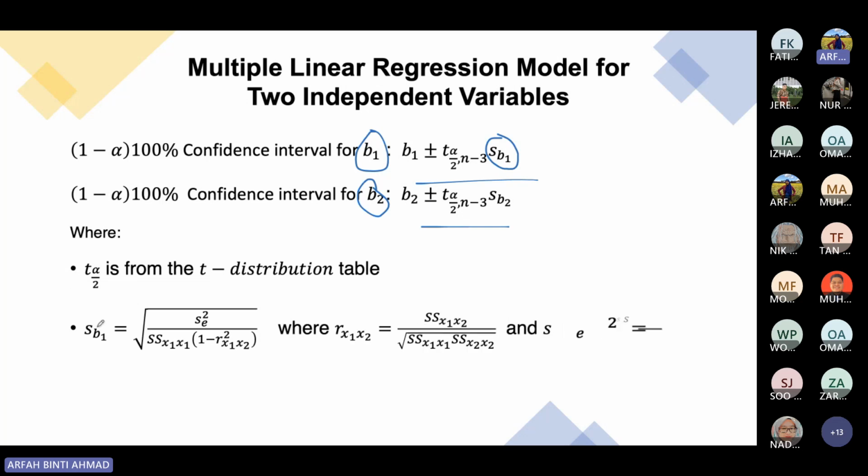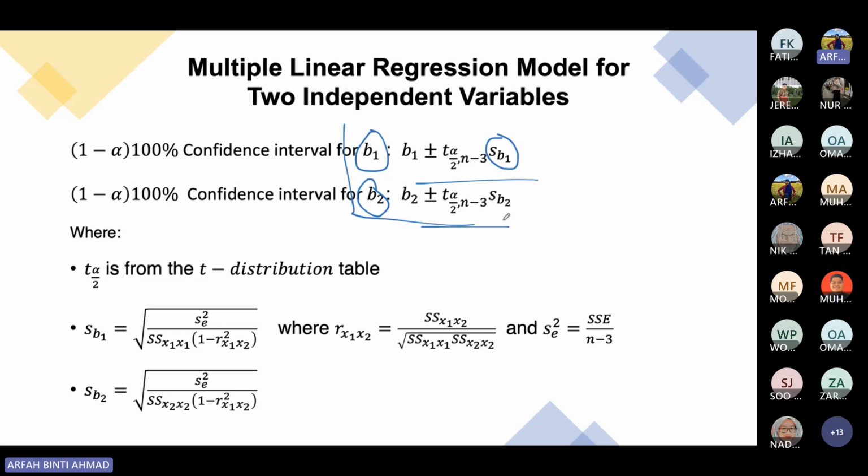SB1 is the standard error for B1 calculated by this one, where Rx1,x2 is given by this formula. And SB2 will be equal to the standard error, square root of the sum of squares of x2 over 1 minus R squared x1 and x2.